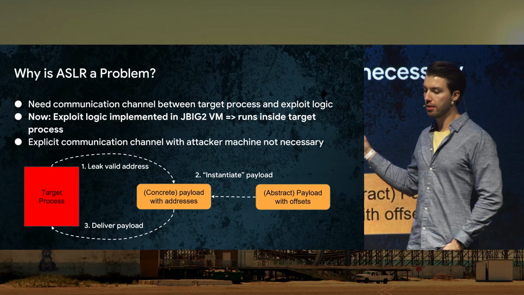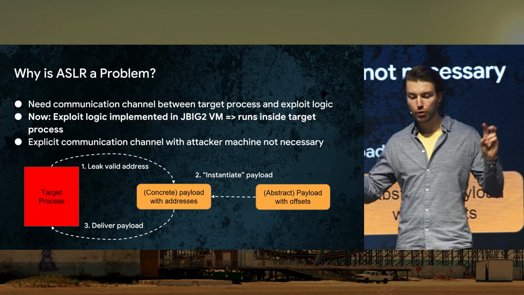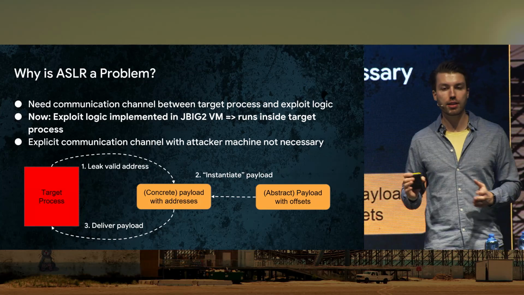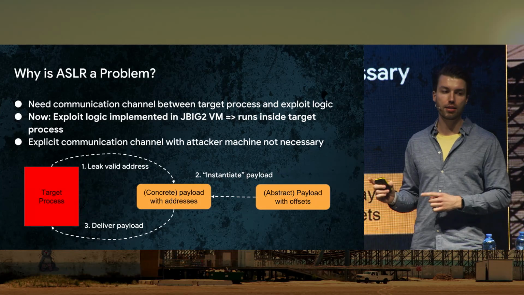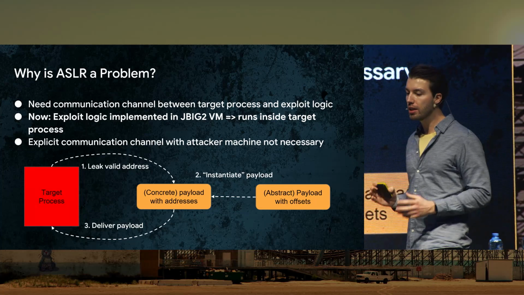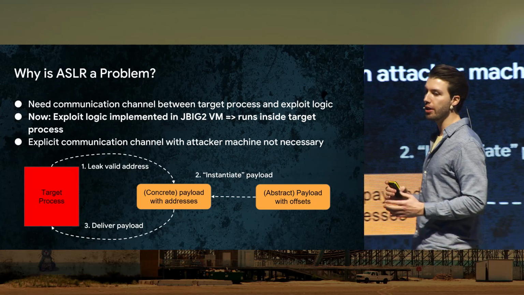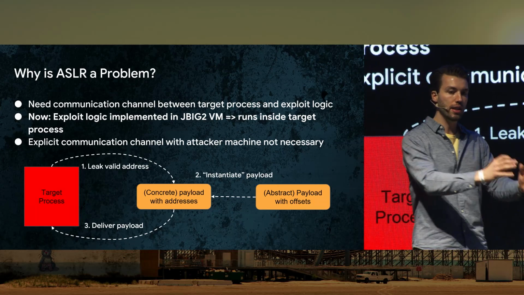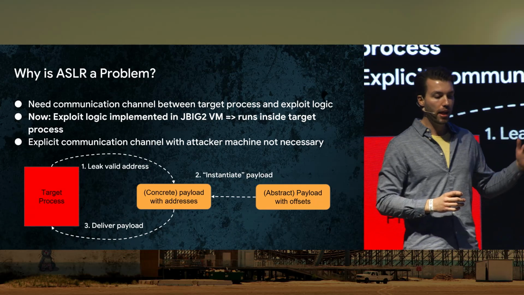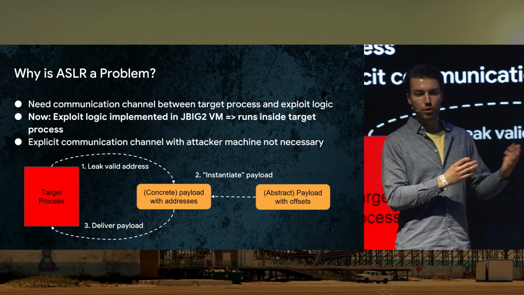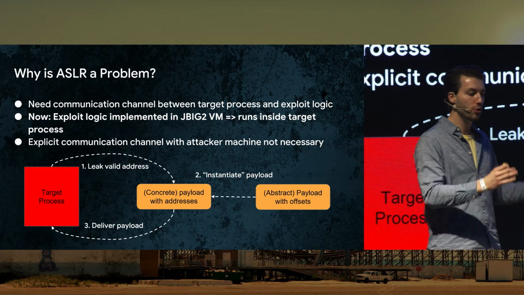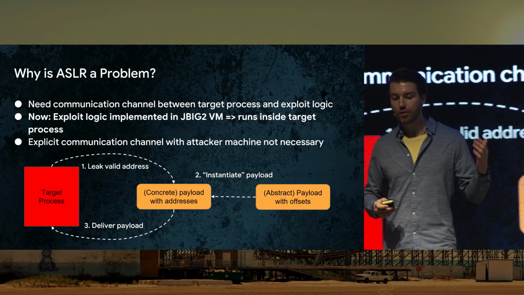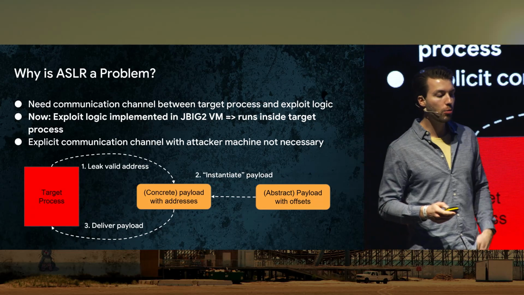But now with this JBIG2 virtual machine thing, we're running the exploit logic also inside the target process, right? It's quite similar to the browser exploit where you would write all of the exploit logic in JavaScript and run it in the attacked process. Here we're not using JavaScript, we're using a JBIG2 virtual machine, but it's effectively the same thing. And so this means we no longer need this communication channel.